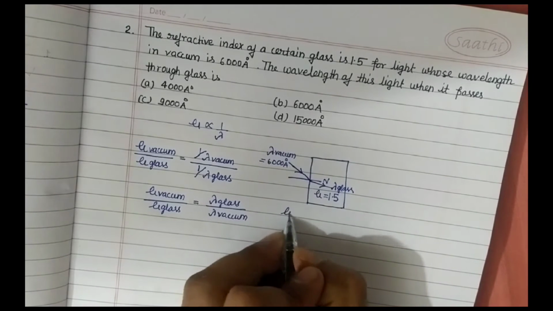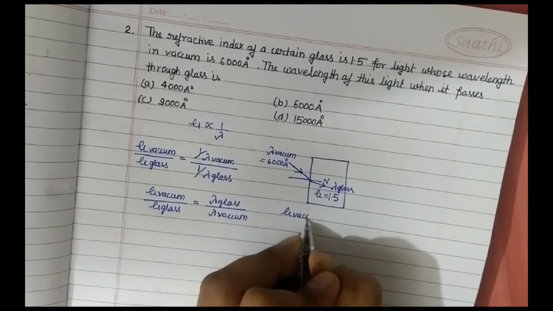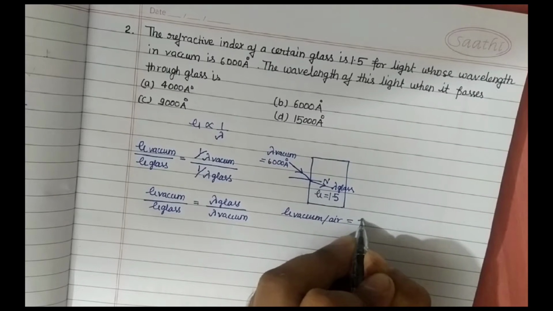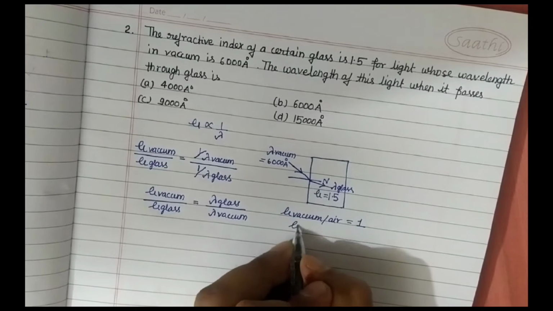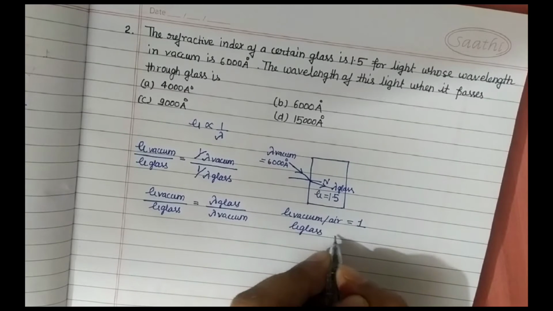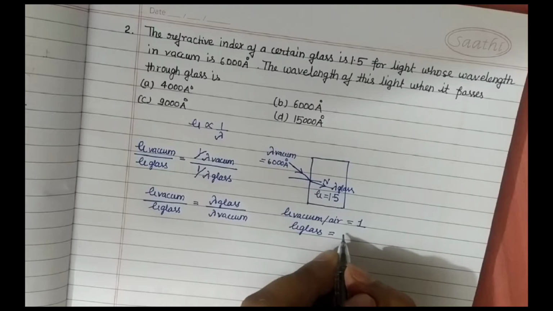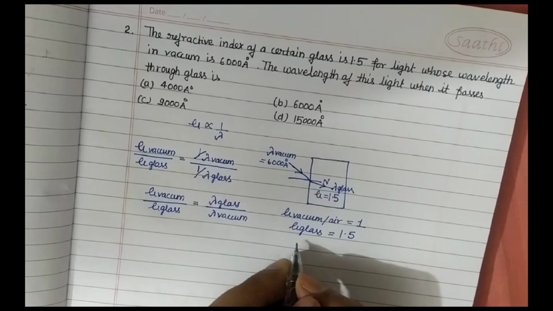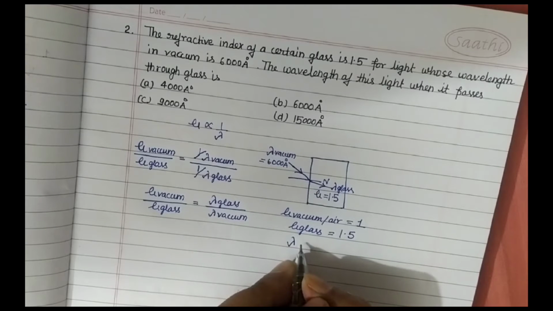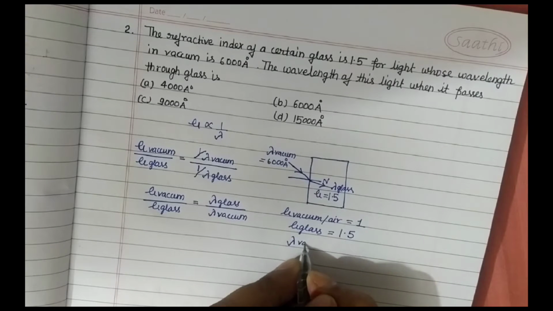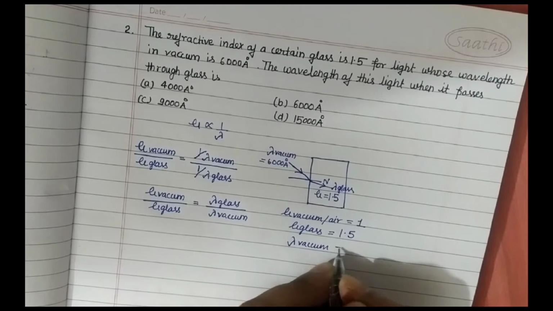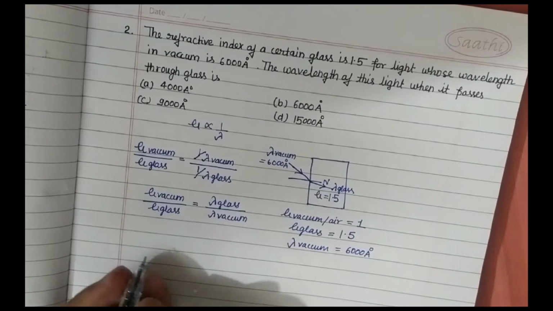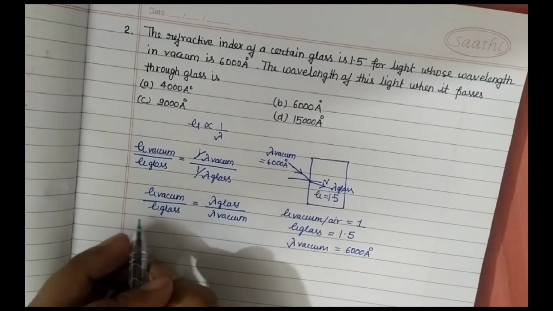So refractive index of vacuum or air, we know that will be equal to 1, and refractive index of glass has been given to us, that is equal to 1.5. And what is the next thing given to us? Wavelength in vacuum is 6000 angstrom. So these three things have been given to us, and the fourth thing has been asked to us.